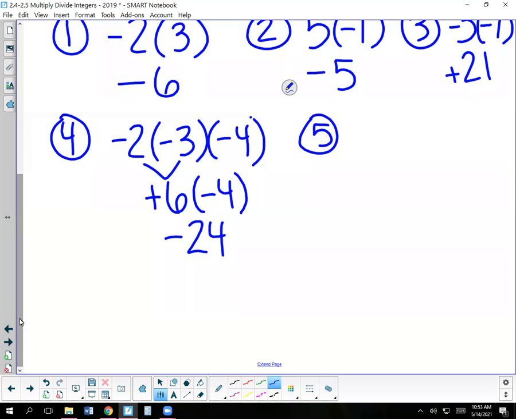But then we have problems where it might be this: -3 to the third power. Elena, what does this look like without actually doing the computation?